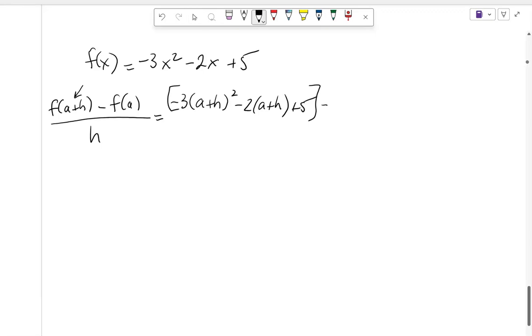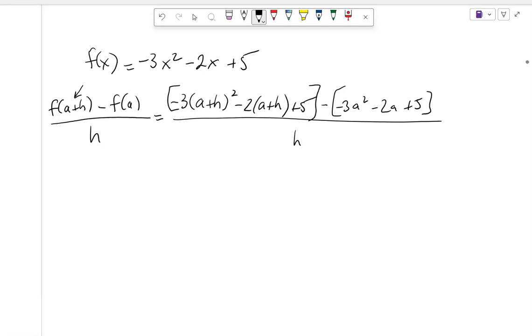What's the second part in my numerator going to be? Good. So the first part's when we put in a plus h for x. The second part's when we put in a for x, right?